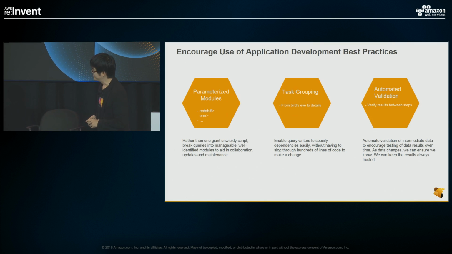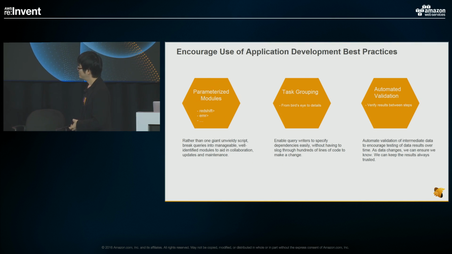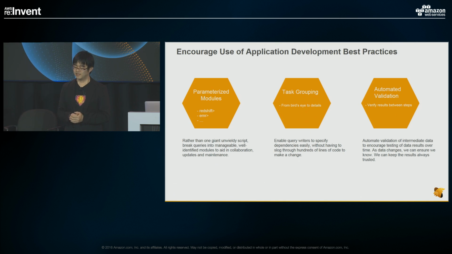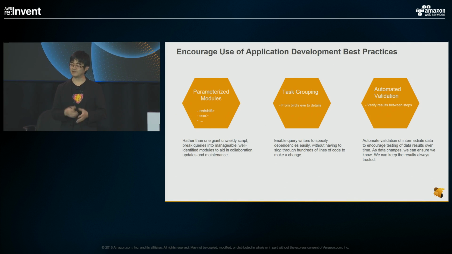And the next thing is actually important for production workflows. For each step, we will produce some intermediate data. And DigDag makes it possible to validate the results for each step. So this step should produce at least 10 rows, for example. If that is less than 10 rows, something's wrong, so the workflow aborts automatically.